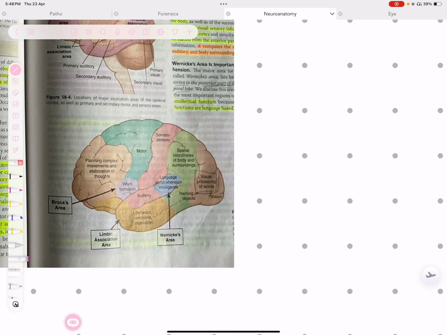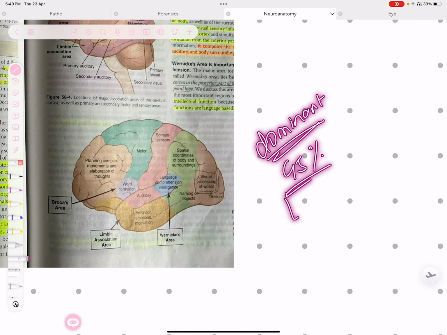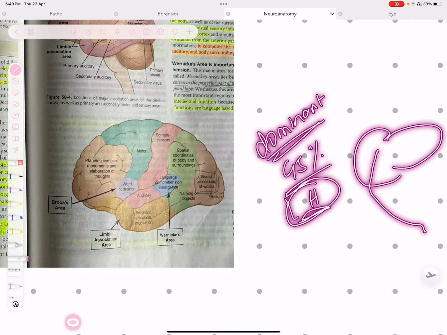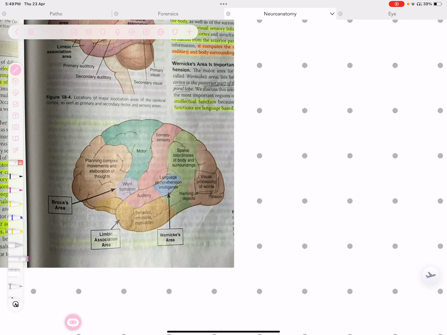Now, Wernicke's area is well developed in the dominant hemisphere. Which is the dominant hemisphere? The dominant hemisphere in almost 95% of people is the left hemisphere. So the left hemisphere of the brain is dominant, and that's the reason a lot of people write with the right hand, because their left cerebral hemisphere controls the movements of the opposite side of the body.